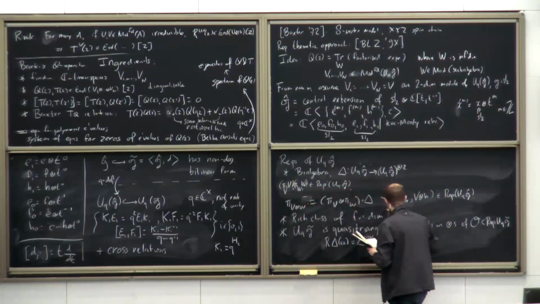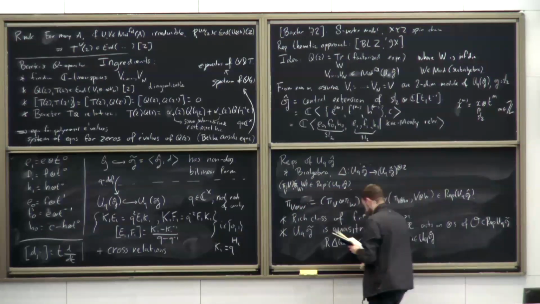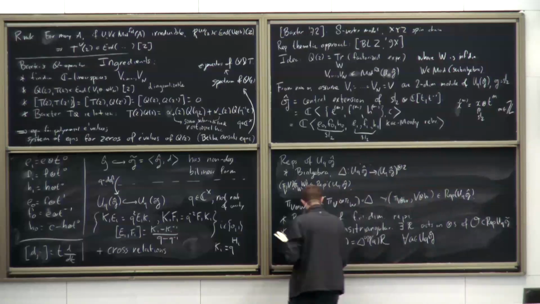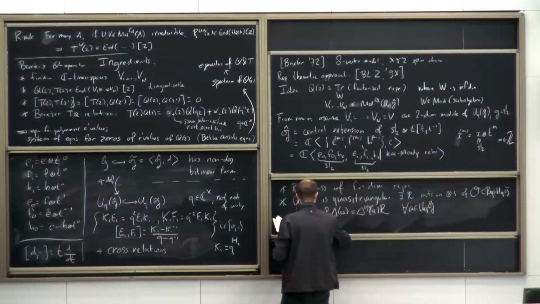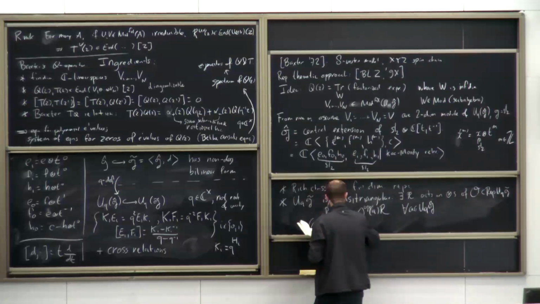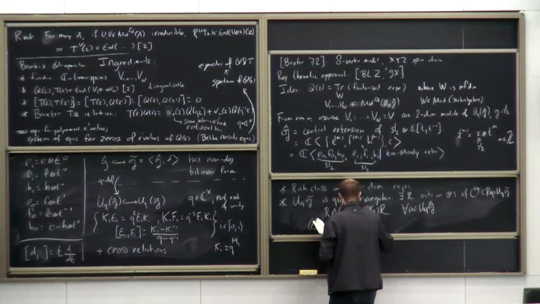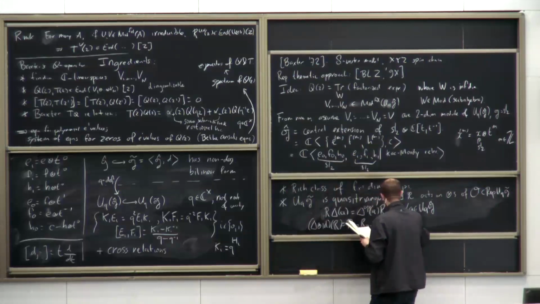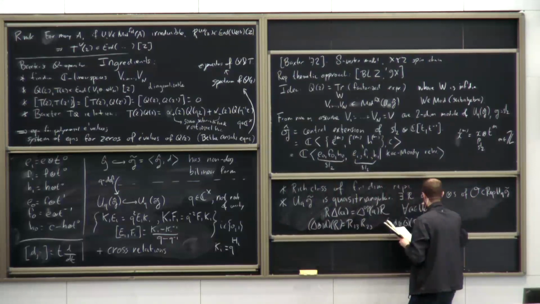Okay, so this is a linear relation, and you have two coproduct formulas. So these coproduct formulas are relations in a completion of the tensorial cube of the algebra.